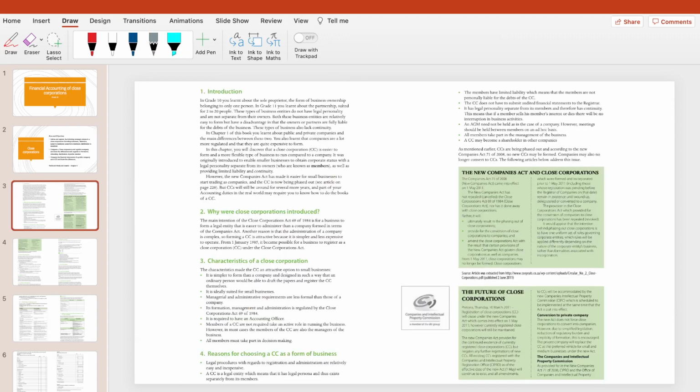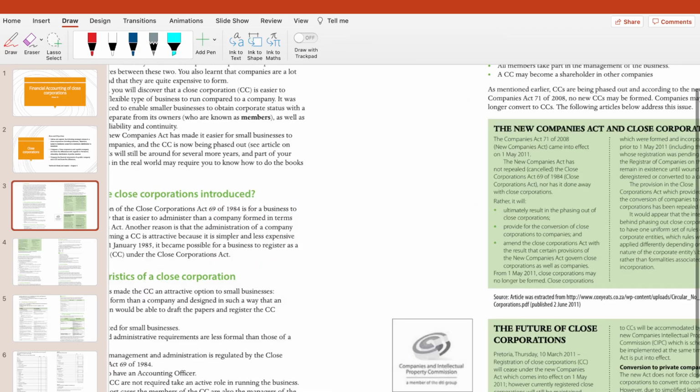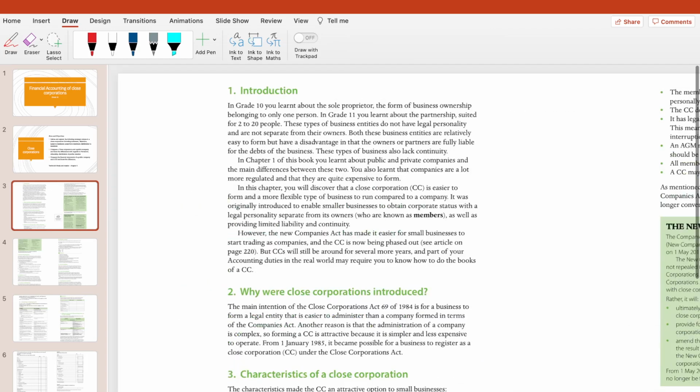Good. So if you remember correctly, in grade 10 we started with your sole trader or the sole proprietor, and it was only one owner, that one person that owned the business.